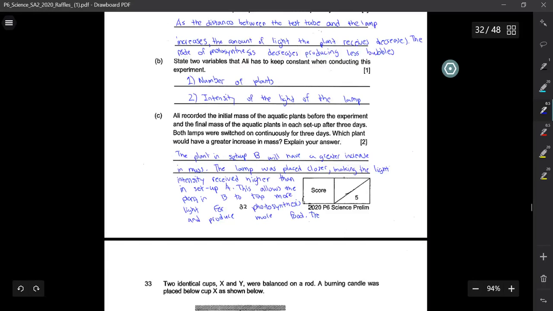The food is stored as starch and increases the mass.